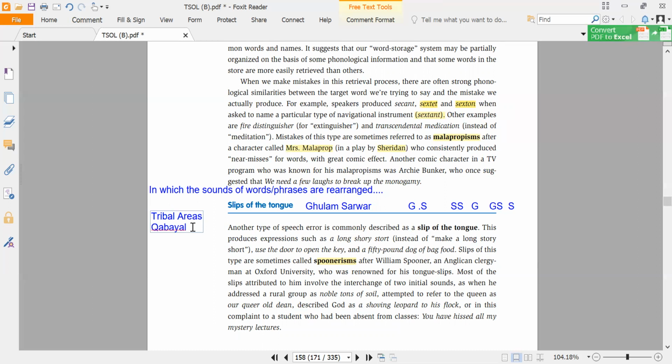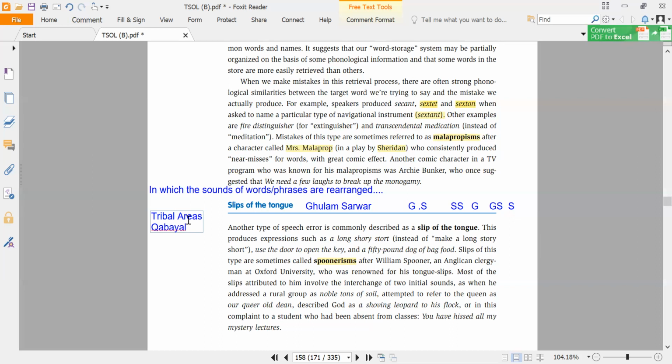Instead of saying tribal areas, he said trabile areas. See this bile. He added this sound from Urdu and inserted it into his English pronunciation of the word. So he said, if you go to the trabile areas, and he repeated this many times, right?